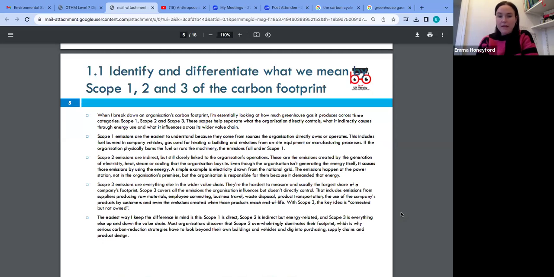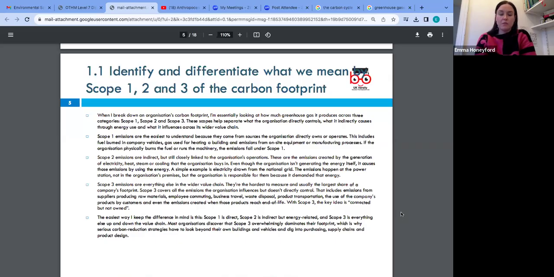It also includes business travel, waste disposal, and product transportation. If you are an organisation that produces products and has to transport them, that has a carbon footprint. It also includes the use of the company's products by customers, and even the emissions created when those products reach end of life.